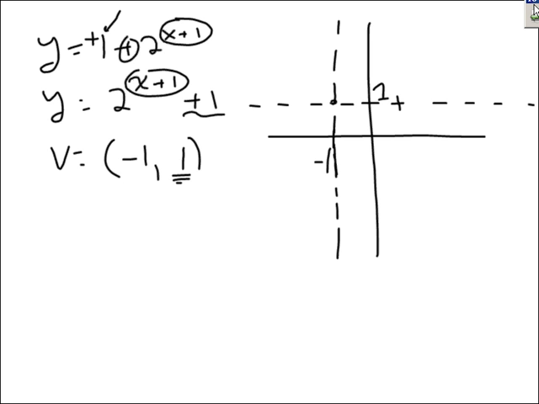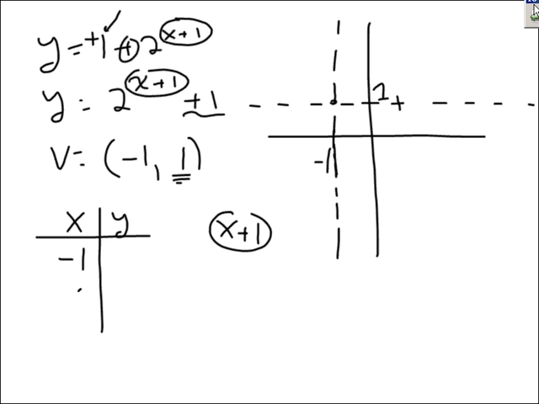Now we let the exponent be 0 and 1. The exponent is x plus 1. If x is negative 1, then this will be 0. If x is 0, then this will be 1.